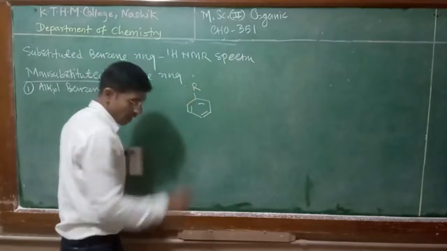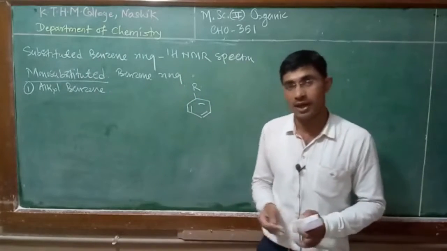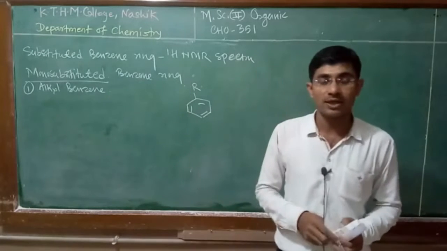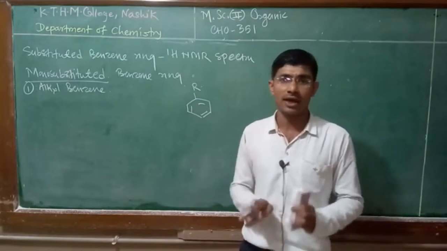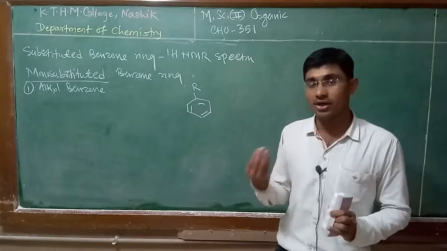This R group, any R group like methyl or ethyl, is neither electron donating nor electron withdrawing.